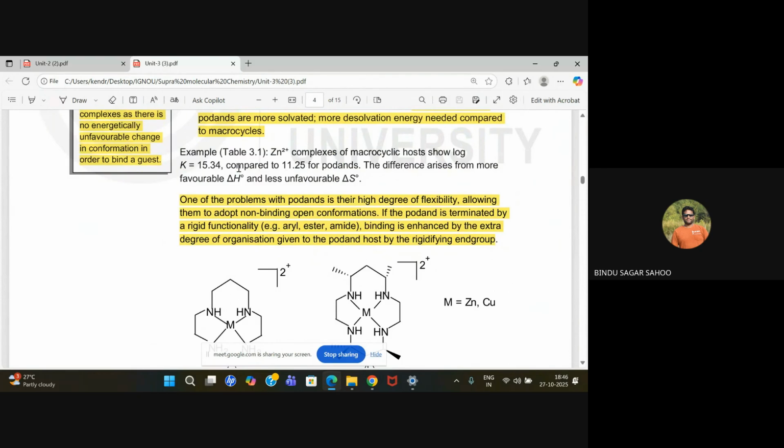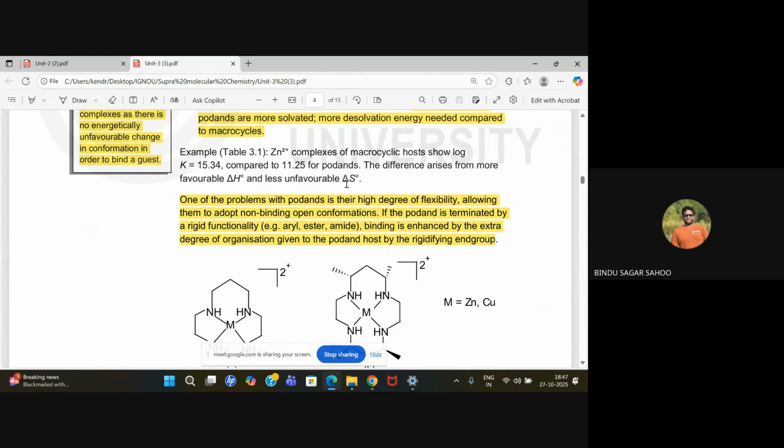So the K value gives an idea about the stability of the complex. If K is more, definitely stability will be more. And the difference arises due to the favorable del H value and less unfavorable del S value.